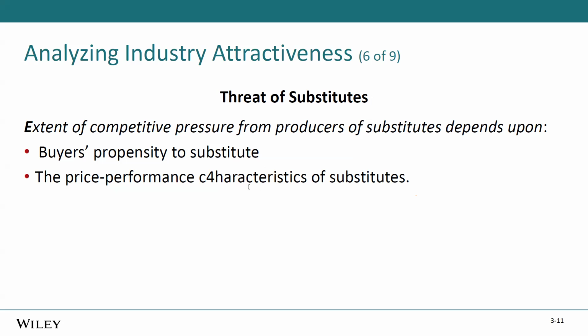Certain foods, maybe people would be more willing to substitute margarine, which is an oil, vegetable product, for butter. That might be a relatively high propensity to substitute that you should consider. But be aware of this, some industries may have almost no viable substitutes. Some of them will have lots that are viable that you need to consider. One group I remember once was looking at the theme park industry.